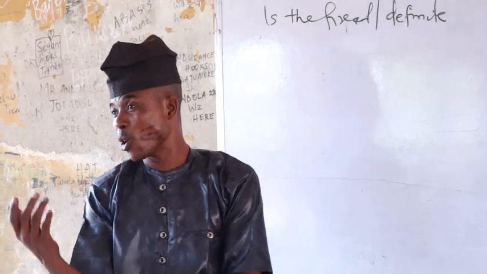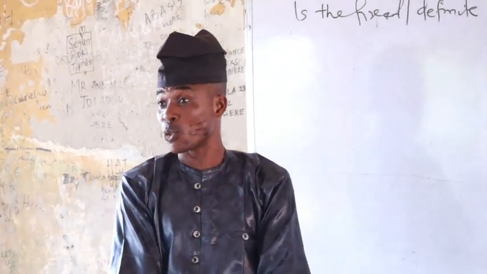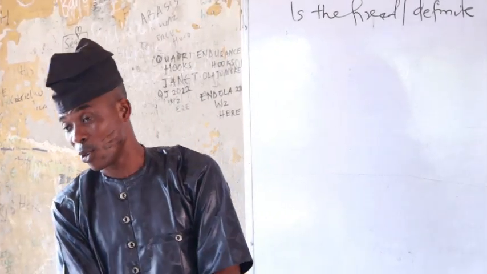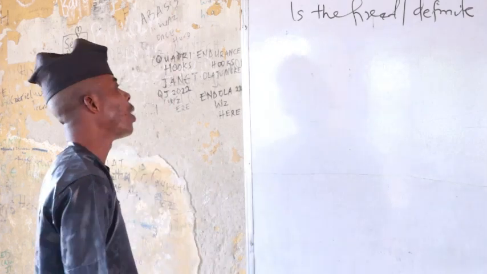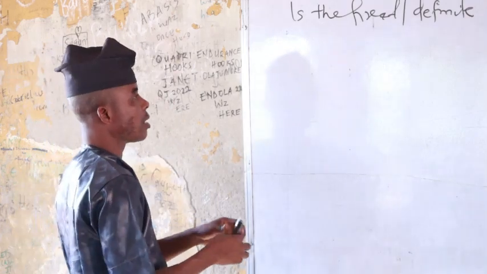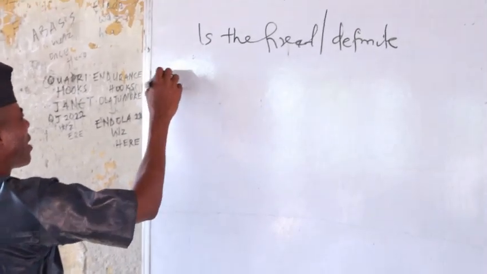Now, we'll do a little arithmetic here. How can we determine the number of molecules of water of crystallization attached to a hydrated salt? We can use any of these formulas to find that.